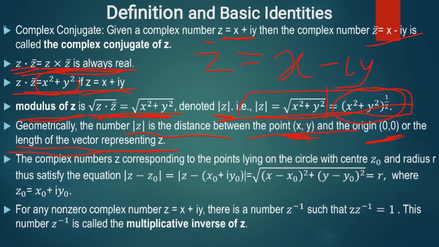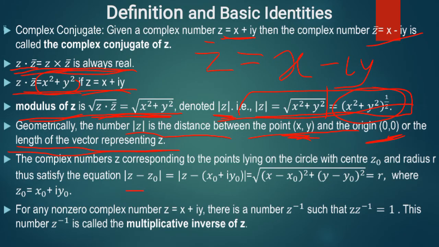Now, complex numbers z correspond to points lying on a circle with center z0 and radius r. Every complex number of any form you have corresponds to a point lying on a circle whose center is z0 and whose radius is r. It satisfies an equation of this form. Let me clean all my scribbles.